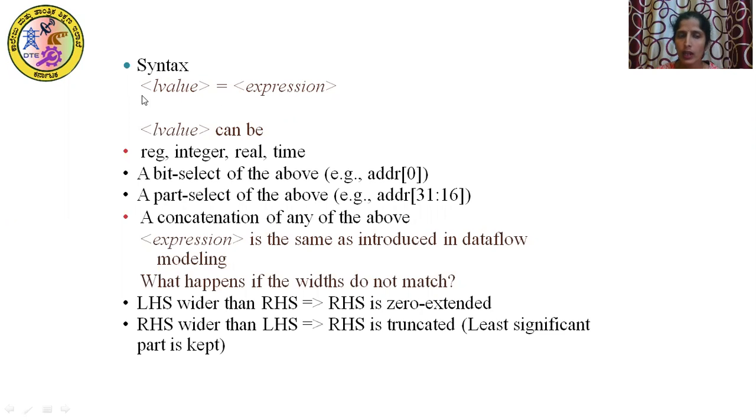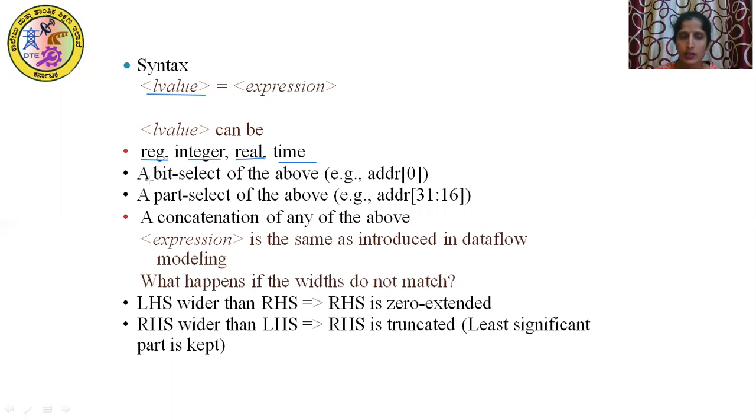So what all can we have on the left hand side of a procedural assignment? Here in this example on the LHS we have taken an L value. So what different values can this L value take? It can be a register, an integer, real, or a time variable.